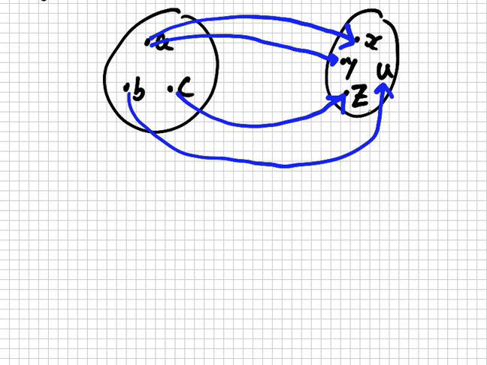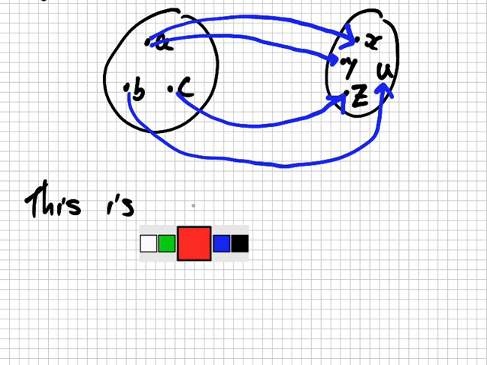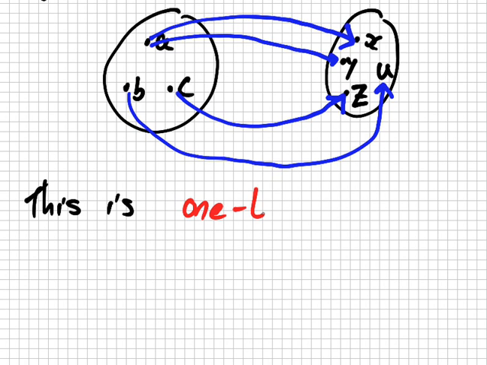So this one here is 1 to many, because if you look at the A, you have one A, but you have two values for it. A could go to X or A could go to Y. So this is 1 to many.